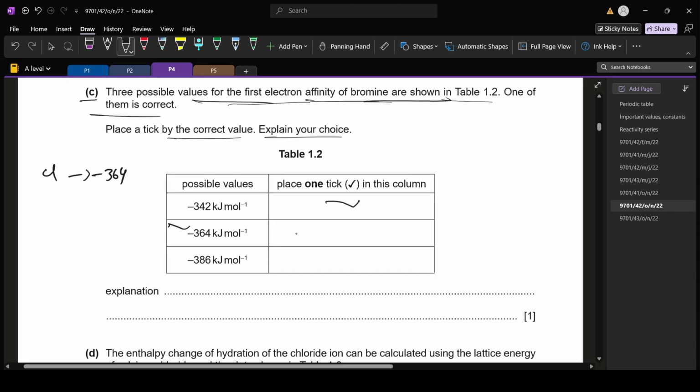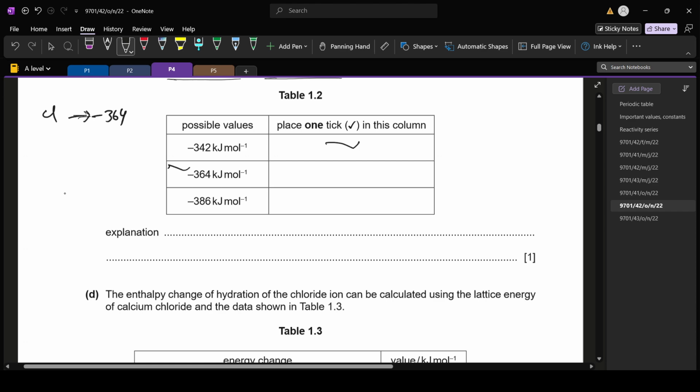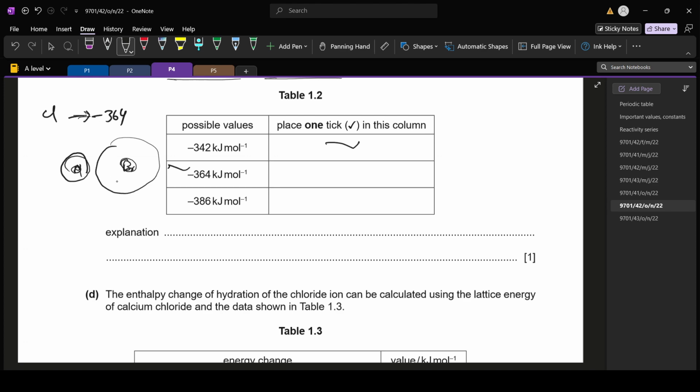Because chlorine is small, so it has a greater charge density than bromine. Let's say this is chlorine, this is the outer shell of chlorine, and this is the nucleus. The distance between the nucleus and the outer shell electron is smaller in chlorine than in bromine. So that's why the nucleus attracts the incoming electron more in chlorine than in bromine.